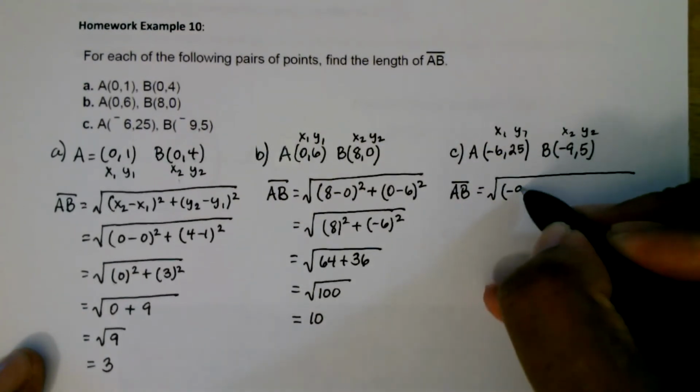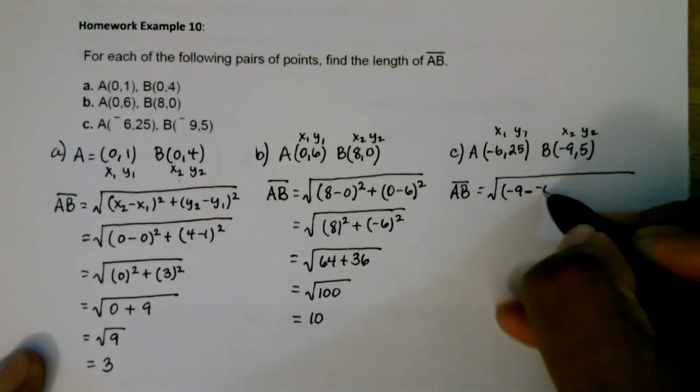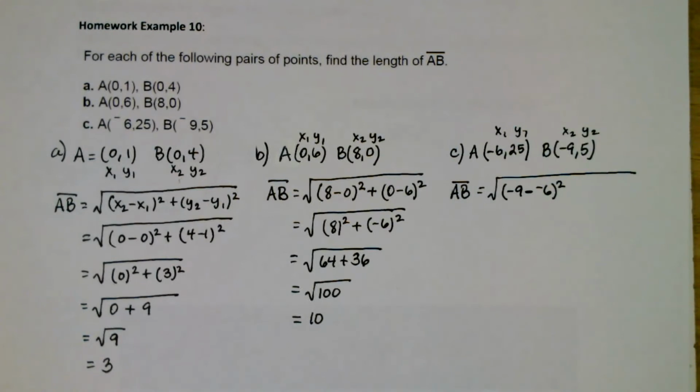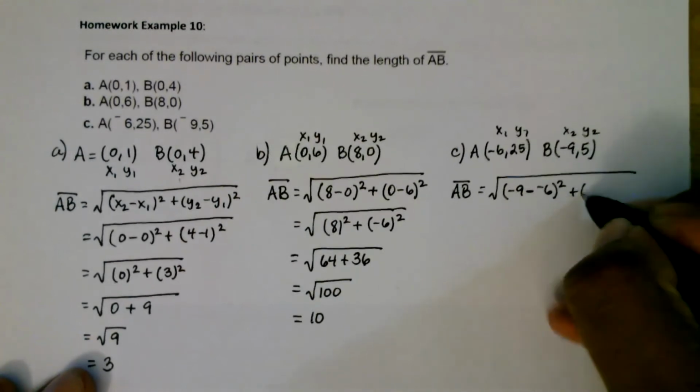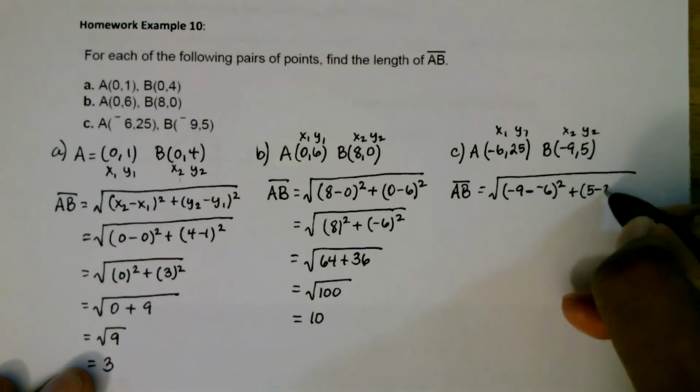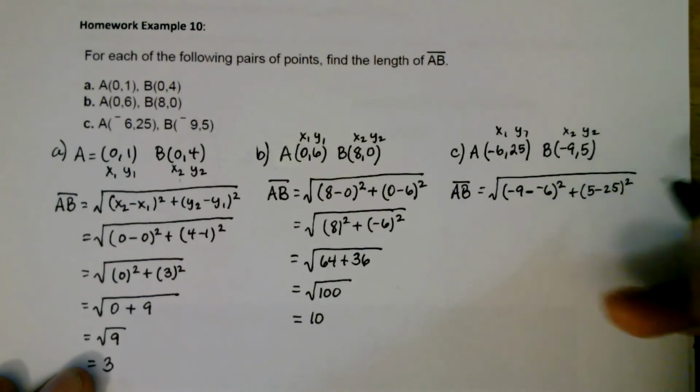This will be -9 minus -6, and that quantity will be squared. You're always going to subtract your x's, and then plus, you're always going to subtract your y's, 5 minus 25, and that too will be squared.